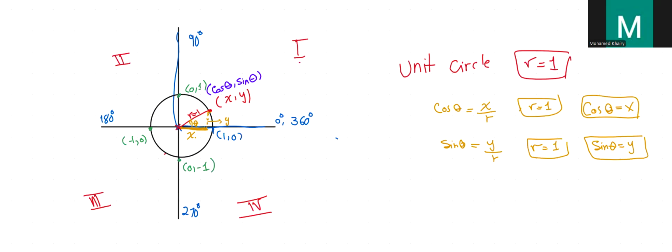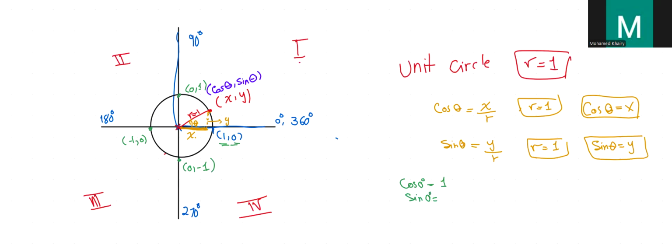So if I ask you for cosine 0 degrees, based on this it equals 1, and sine 0 equals 0.